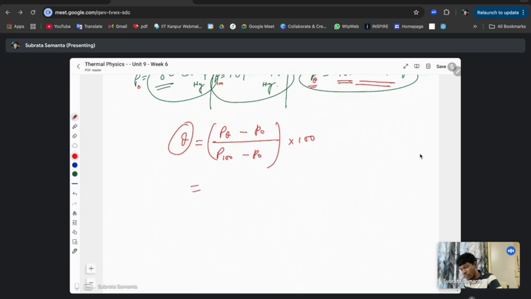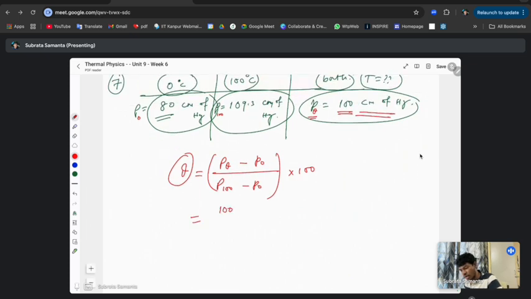So now if we plug in these values, there is a ratio, right? If we divide everything by 76 to change to atm, we get 100 over 76 minus 80 over 76, divided by 109.3 over 76 minus 80 over 76.